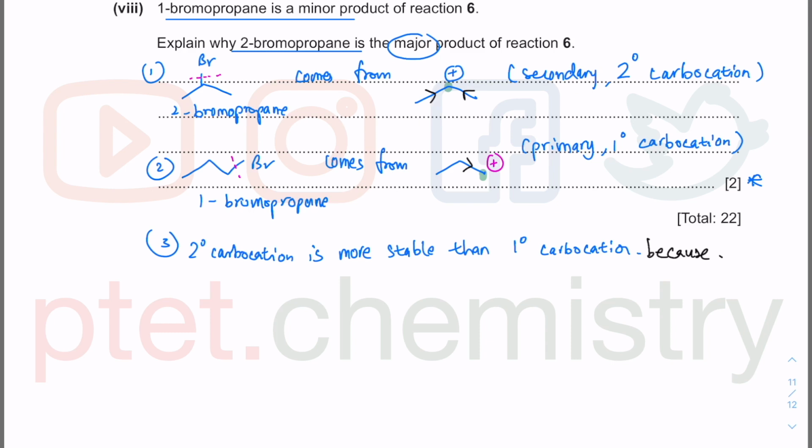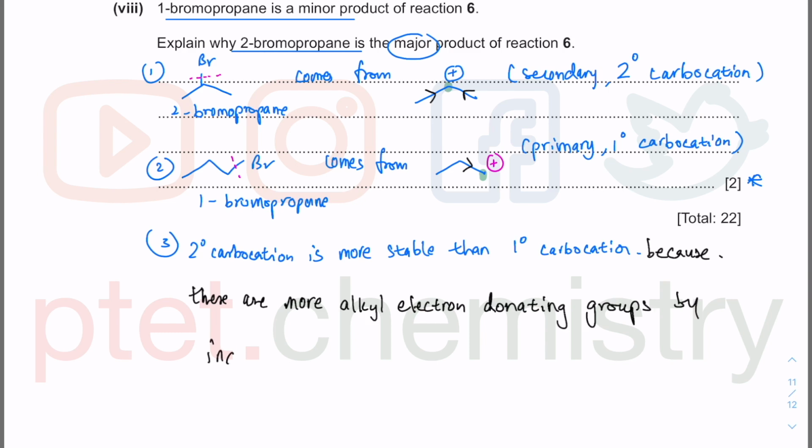You will have 3 alkyl electron donating groups. That's why tertiary carbocation is more stable than secondary carbocation, more stable than primary carbocation. So we need to explain it because there are more alkyl electron donating groups by inductive effect.